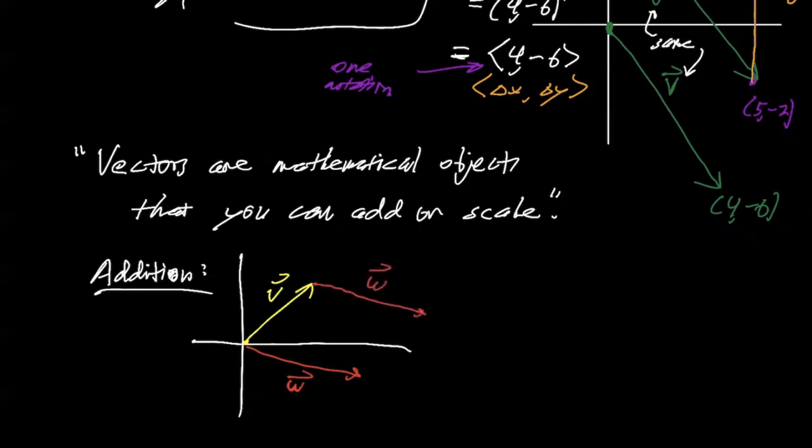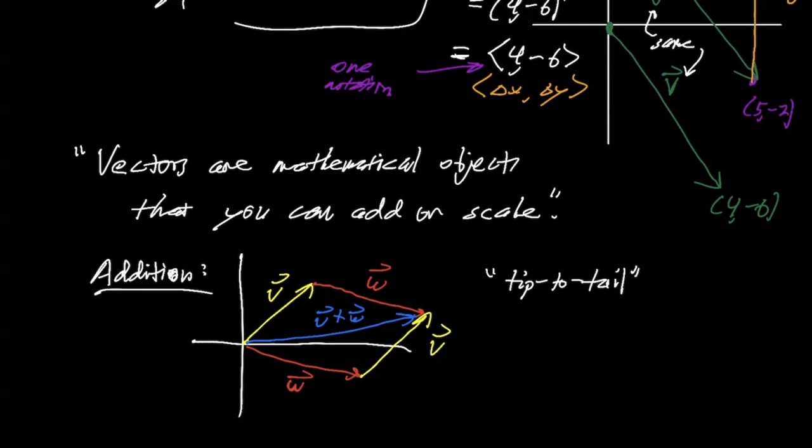There are a couple of different ways people describe this. So this new vector in the middle, from there to there, is called V plus W. You can think of this as tip-to-tail addition, by putting the tail of one vector on the tip of the other.